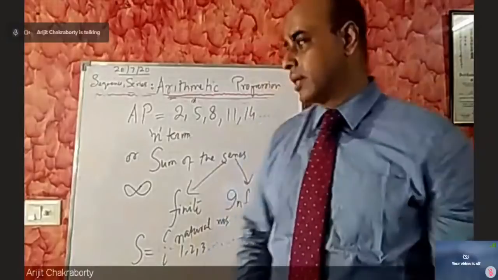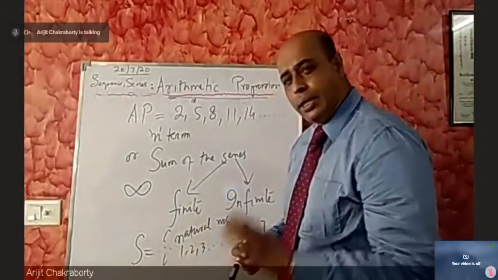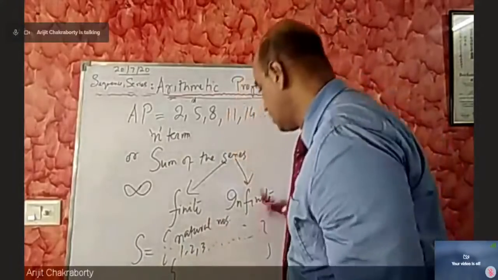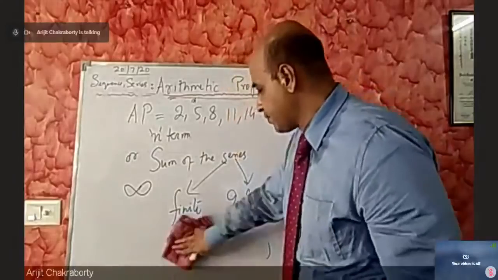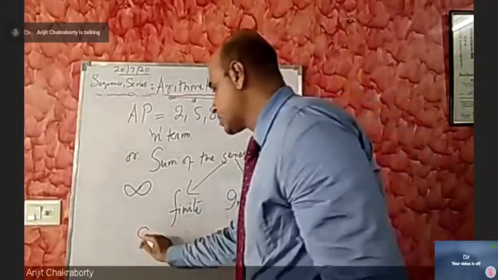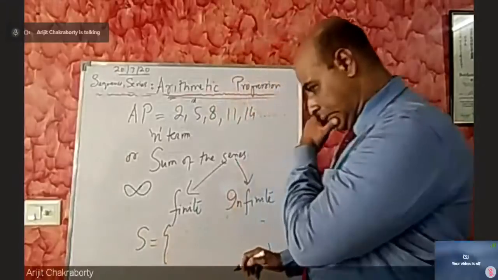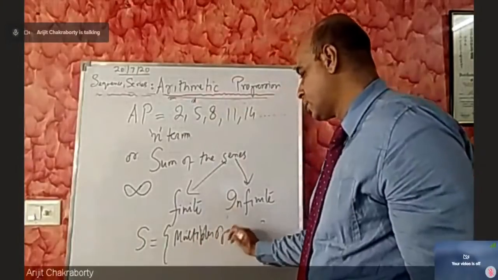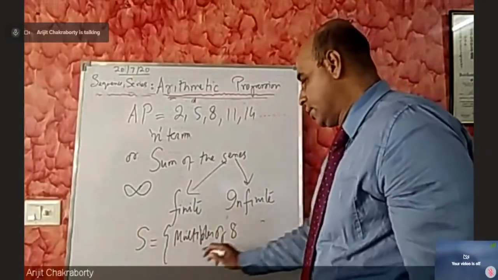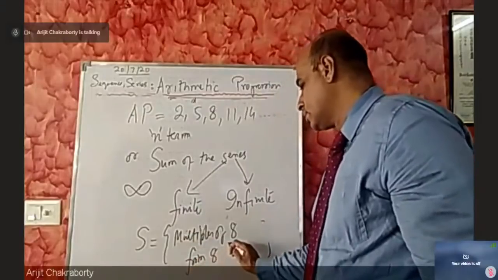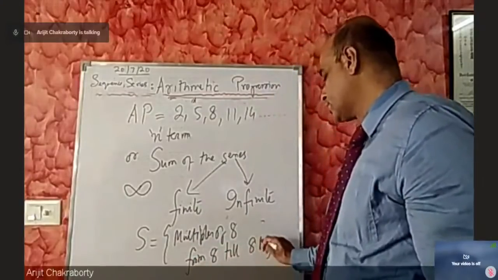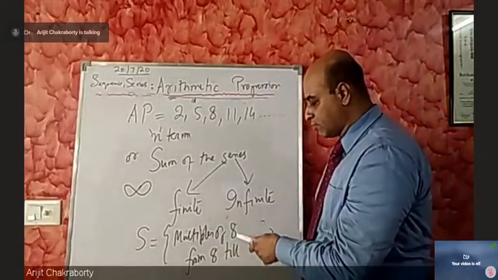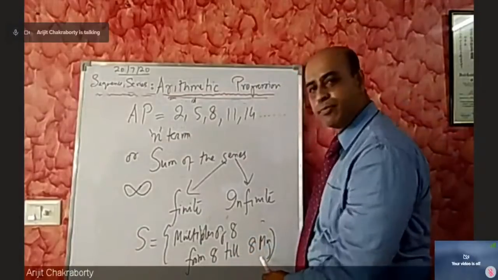Say, another example of a finite series: series S is equal to multiples of 8, from 8 till 8 million. I have to write the series of the multiples of 8, right from 8 till 8 million.